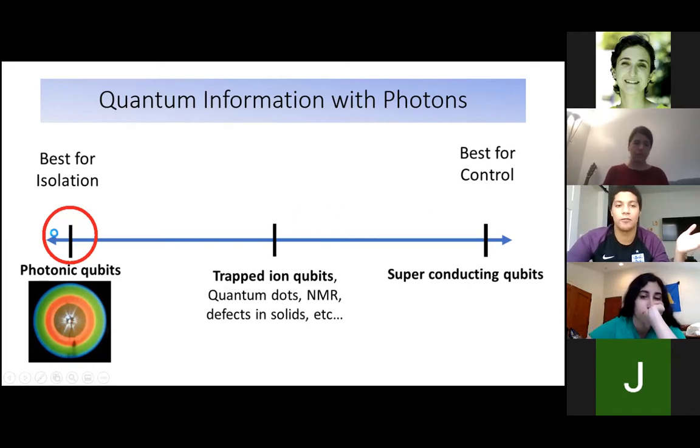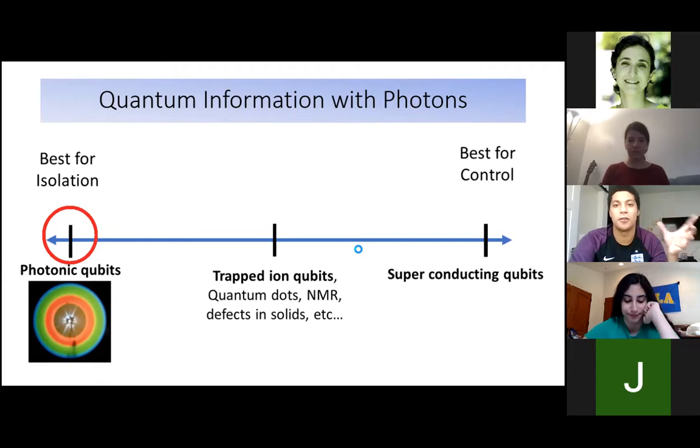And photons are all the way over here for best in isolation, and everything else you've talked about is over here. So the problems and how you do quantum computing with photons is very, very different. And I just didn't really want to get into that.